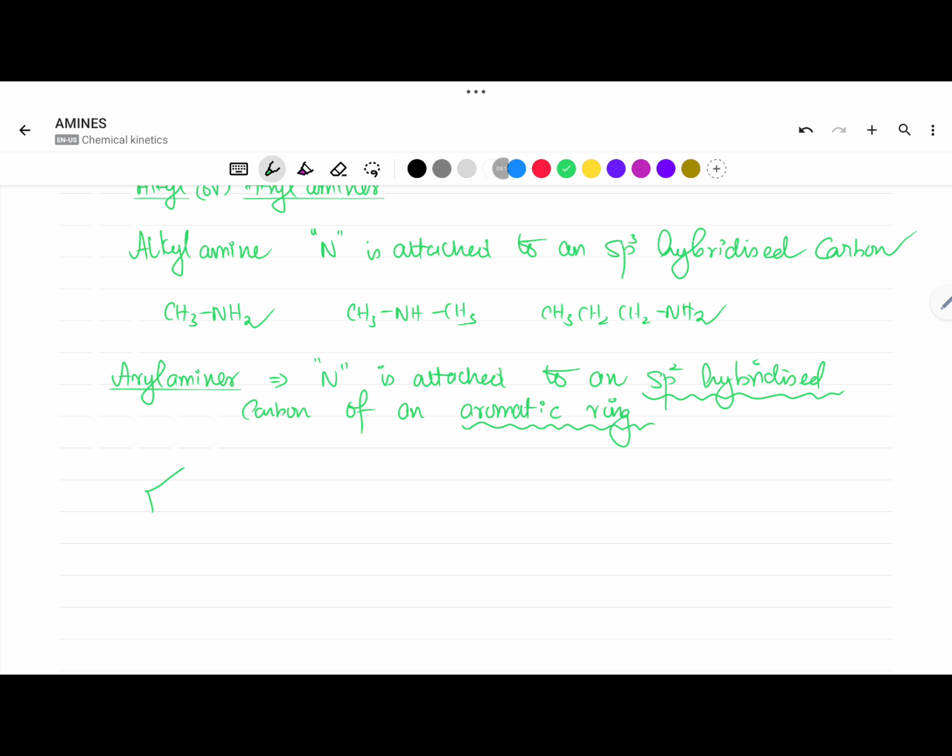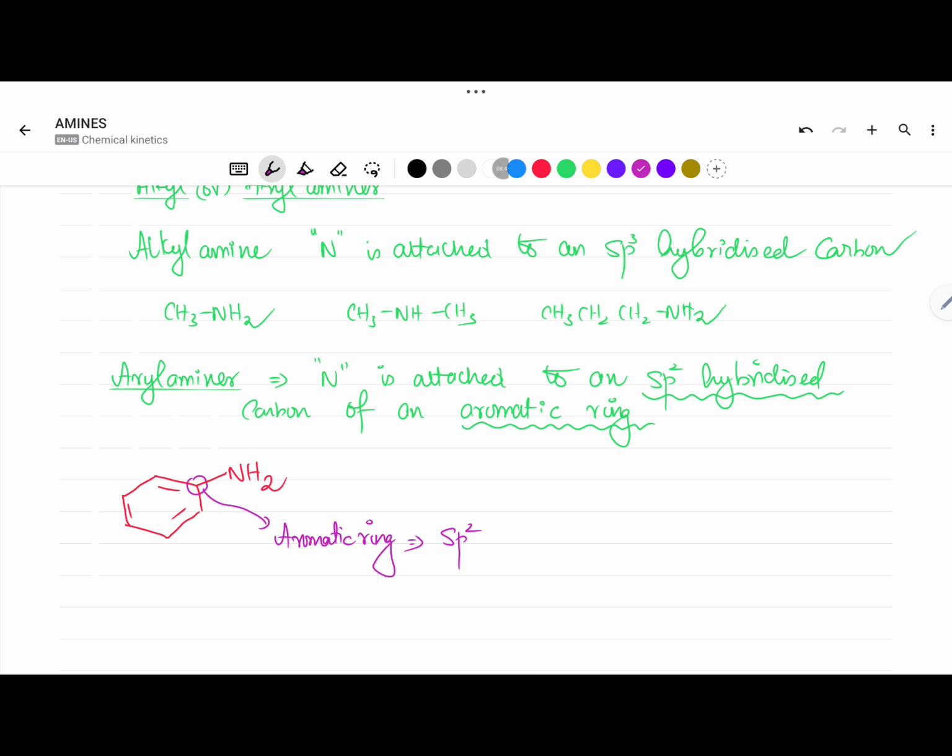See here, suppose I'm taking a benzene ring like this. In this benzene ring, when NH2 is directly attached, this carbon is a part of the aromatic ring and is sp2 hybridized.